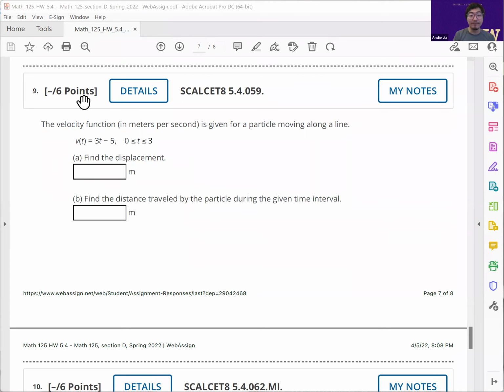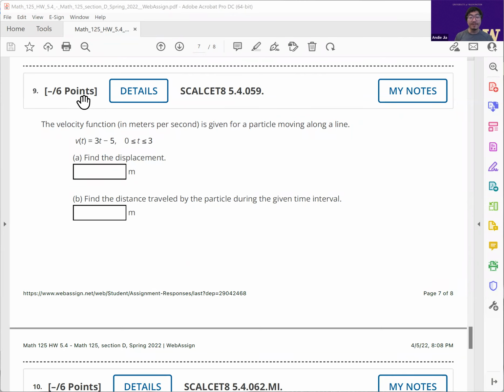We say moving west, moving left, is negative displacement, while moving east is positive displacement. So if you start at the origin, move 20 meters east, 25 meters west, and 40 meters east, what is the total distance traveled?